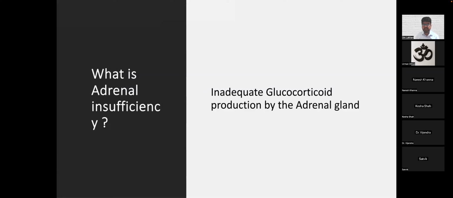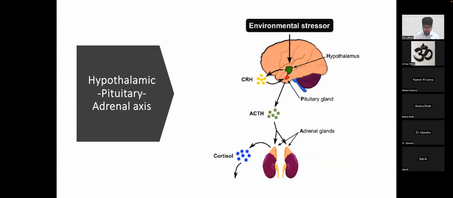It is basically inadequate glucocorticoid production by the adrenal gland. Now this could be because of three major reasons. This is the hypothalamic-pituitary-adrenal axis. You have the environment, where environmental stress or any other environmental factor acts on the hypothalamus.